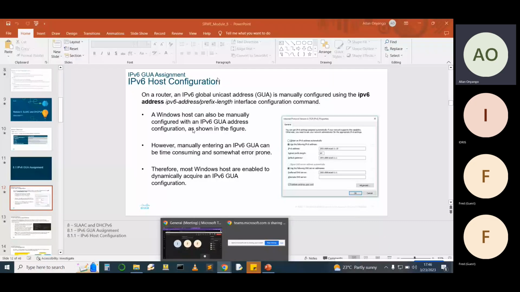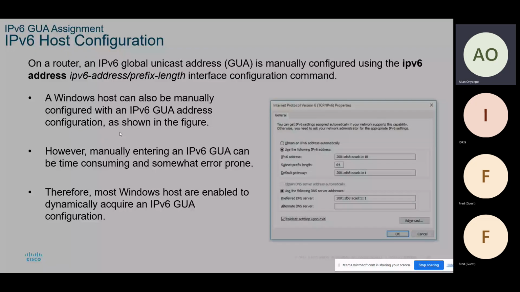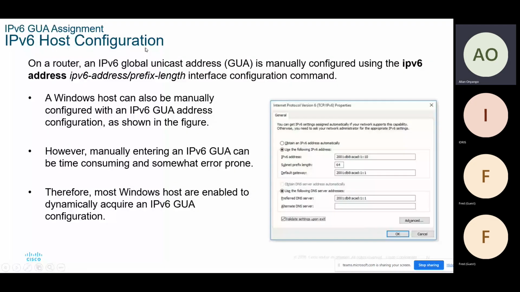It's important for us to note that just like we can manually configure IPv4, we can also manually configure IPv6. And I think I've shown you this before. And if you can manually configure IP version 4, it's also important that we can configure IP version 6 automatically using DHCP.